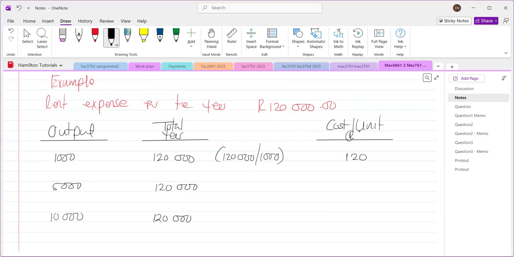If I improve my production and I'm able to produce 5,000 units, each unit is going to consume 24.